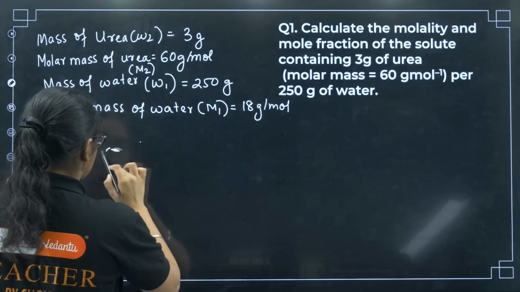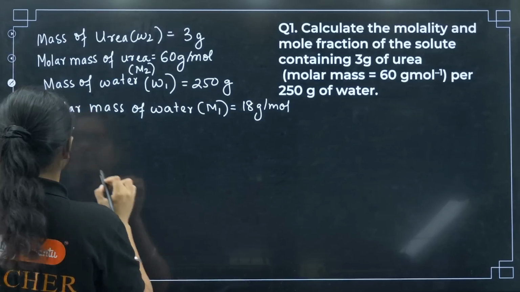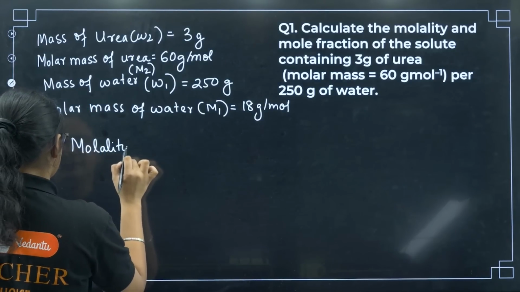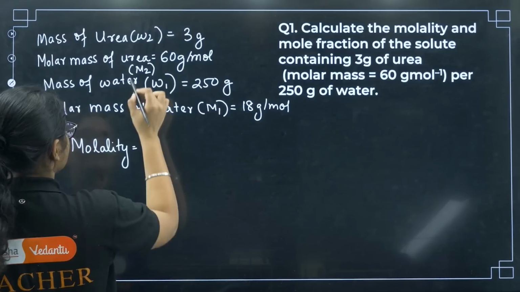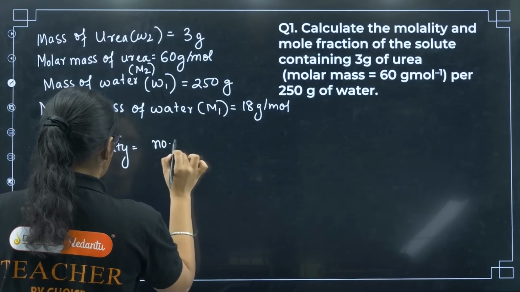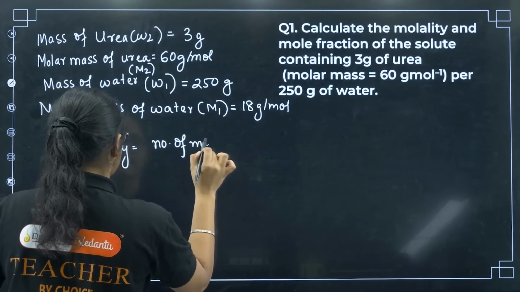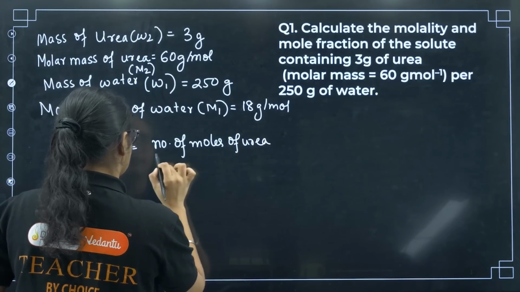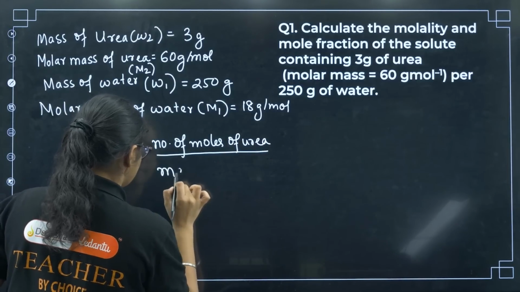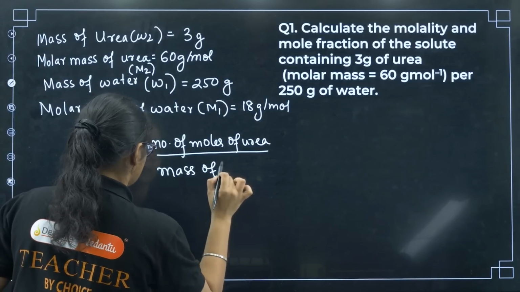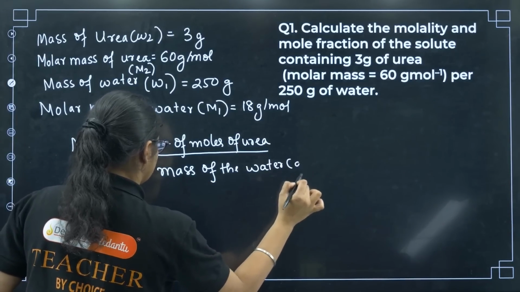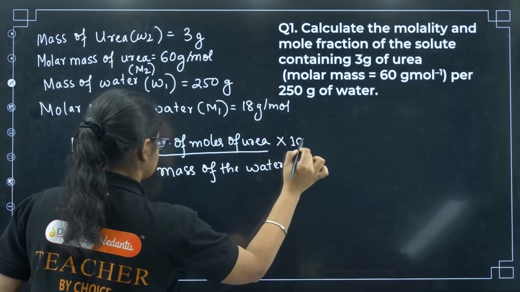Molality is equal to the number of moles of urea divided by the mass of the water in gram into 1000.